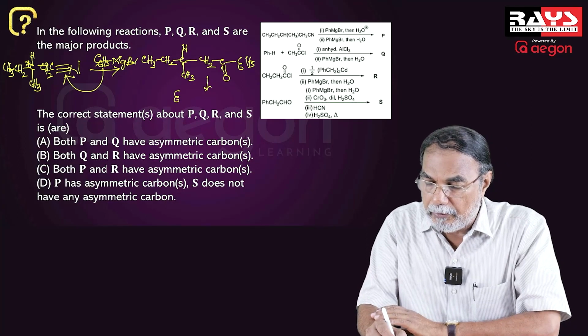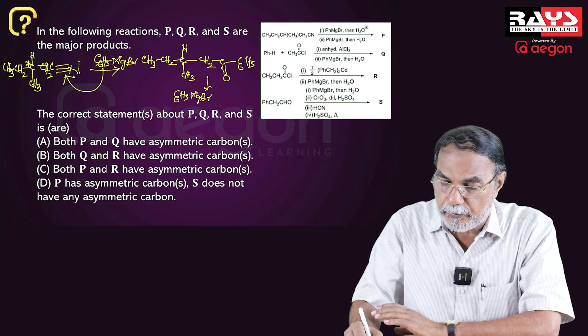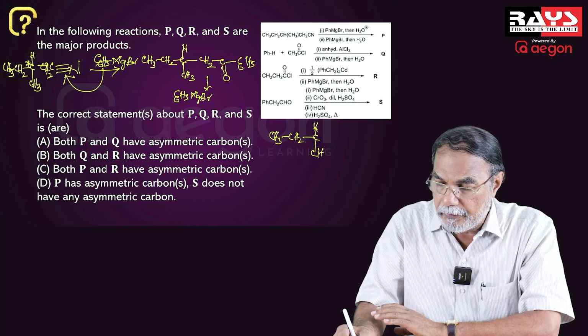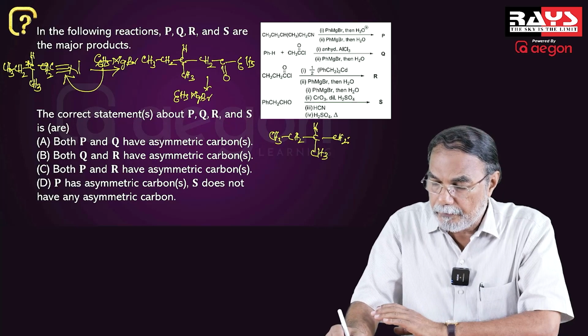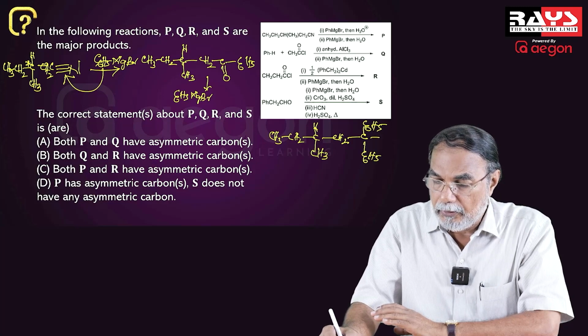again on reaction with a second molecule of C6H5MgBr, the Grignard reagent, then second step, the product formed will be CH3, CH2, CH, CH3, CH2, C, C6H5 already here, and now C6H5 here, and OMgBr, which on hydrolysis gives OH.